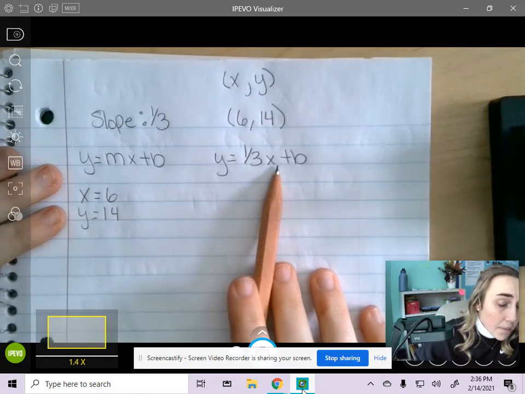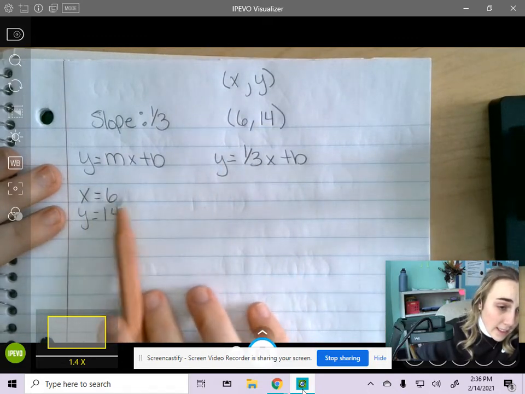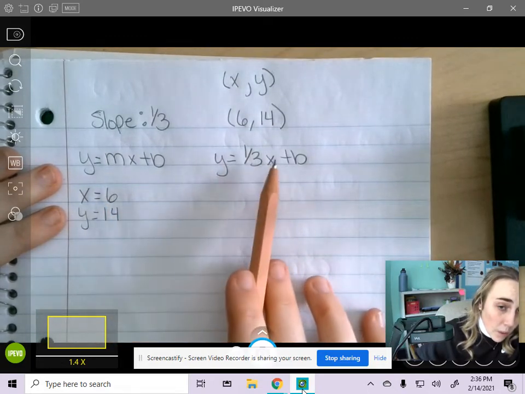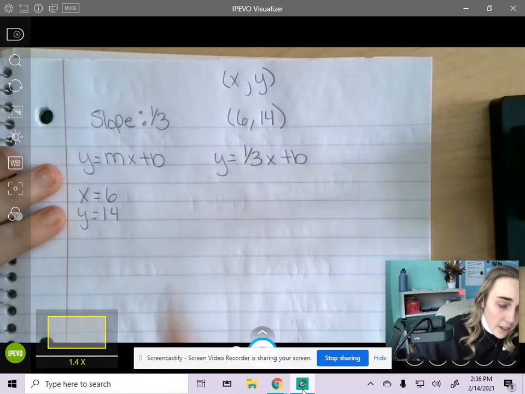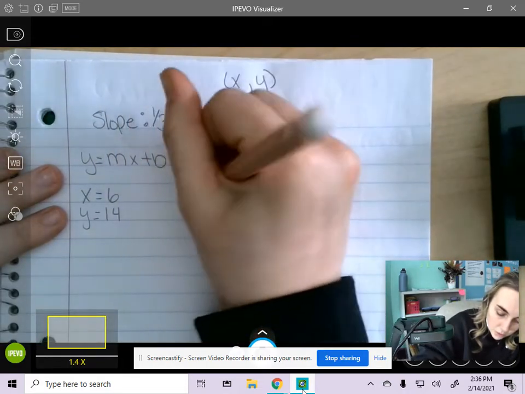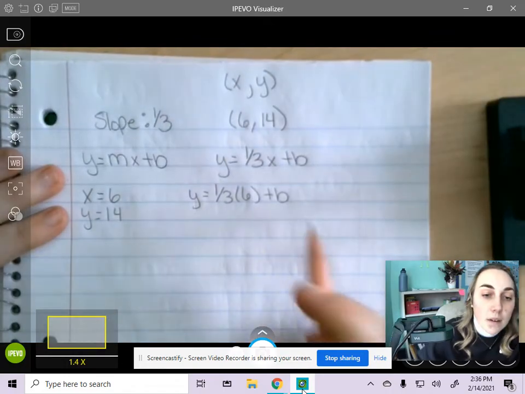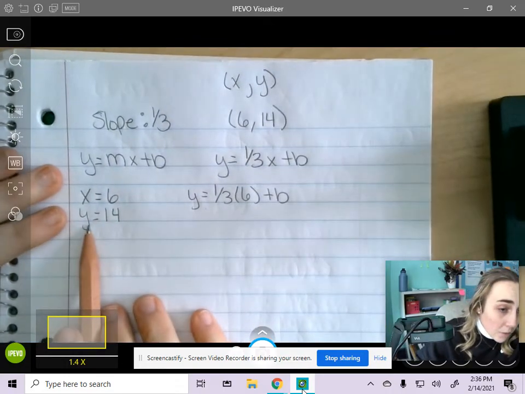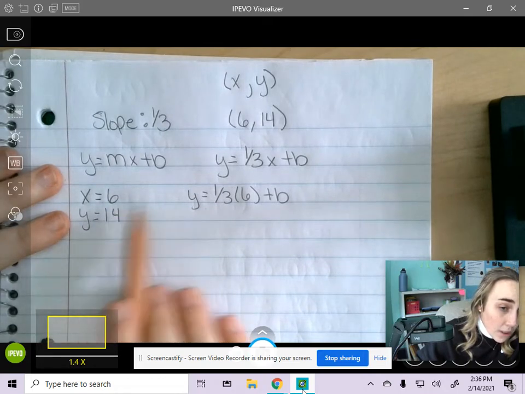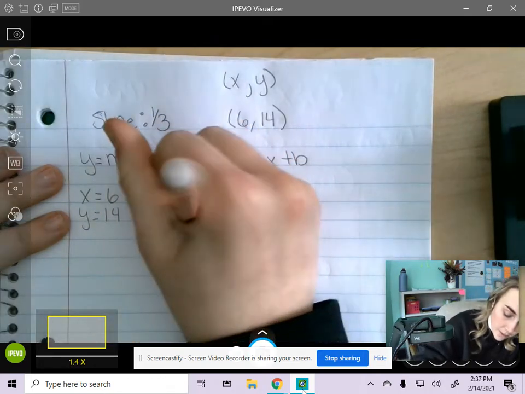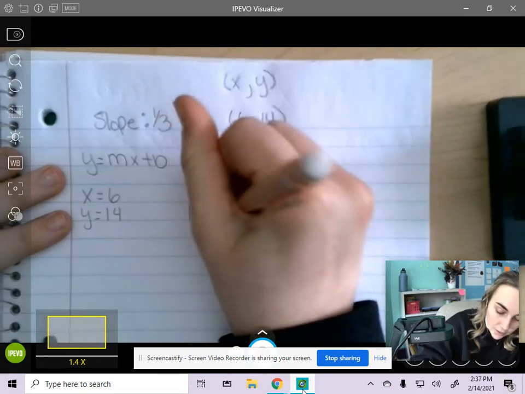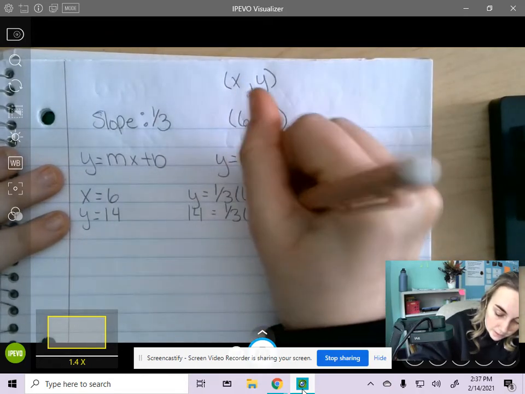By seeing that 6 is our x, we can substitute that 6 where x is in the equation. So y equals 1/3 times 6 plus b. Then we have 14, which is y, so we substitute 14 where y is. 14 equals 1/3 times 6 plus b.